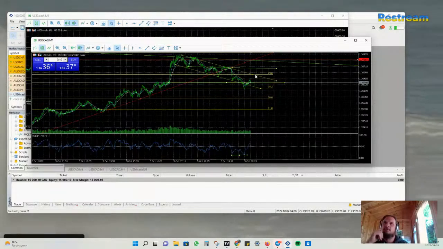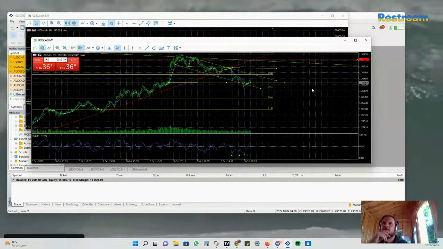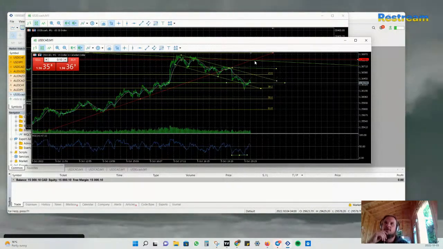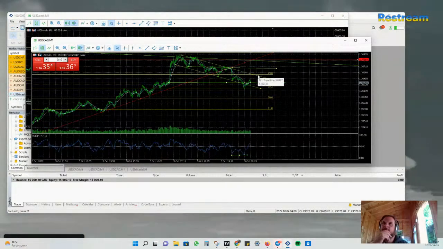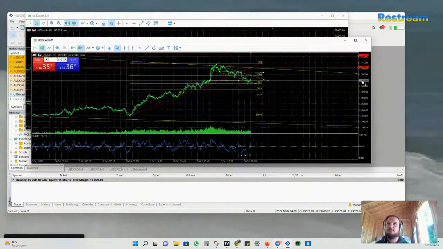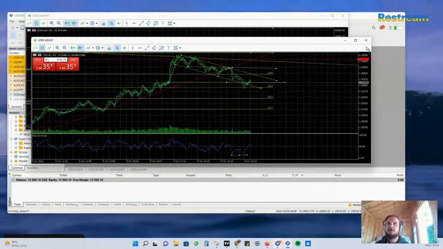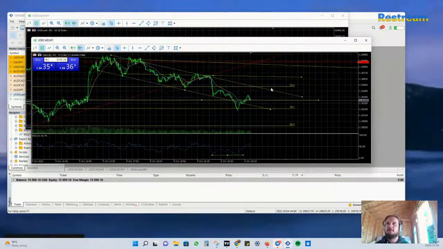I'd much rather wait till 236 for a short maybe, or it breaks up and then you retest at 236. It's just like surfing. You follow the way the wave goes and not try to fight it.